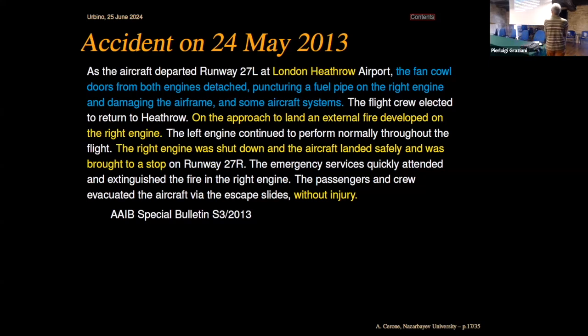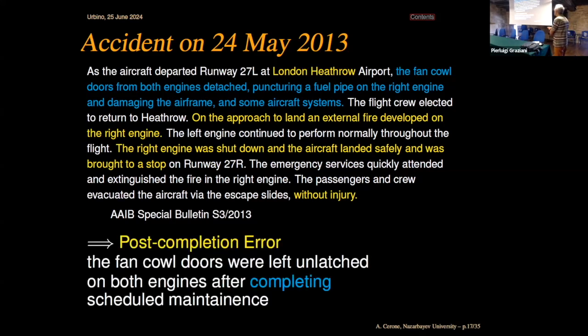Now, in this accident, the team forgot to do this. So basically, the fan cowl doors were left unlatched on both engines. During the flight, they came out because of the air, and they damaged the engine itself, which started burning. This accident didn't cause any injury.